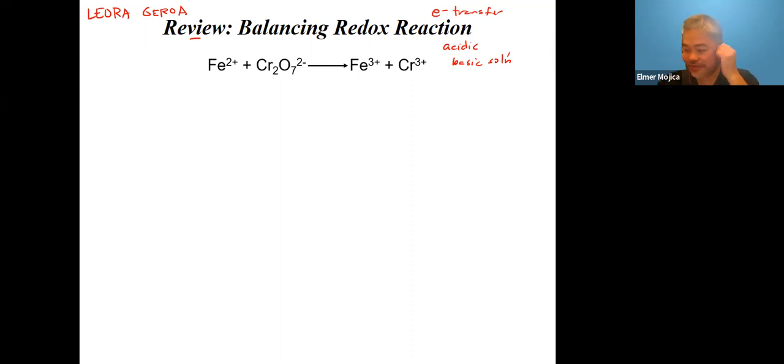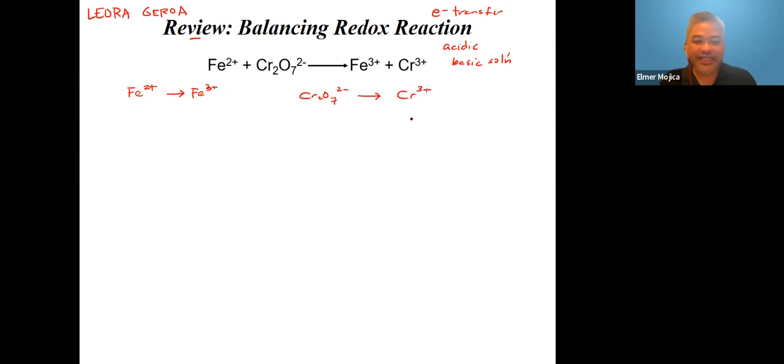So if we're going to look at this, I don't know how you do it, but we can have this half reaction method. So we can put the Fe2+ with the Fe3+. So ano ito, na-oxidize or na-reduce? Ano nangyari when Fe2+ is converted to Fe3+? Just a review.